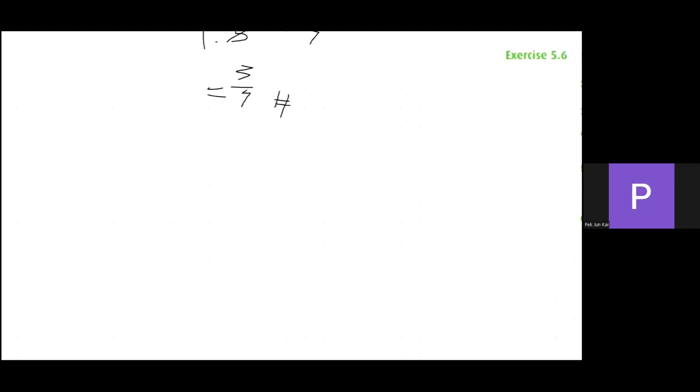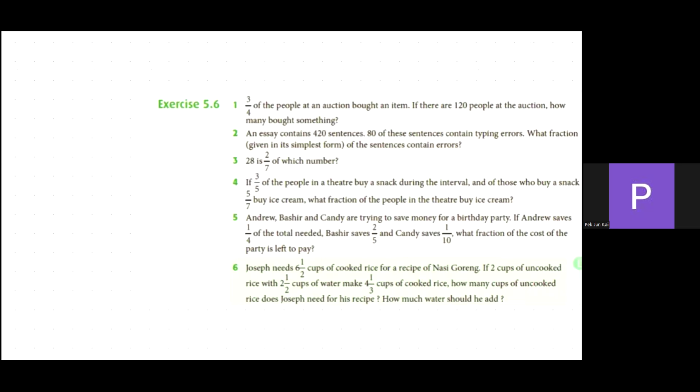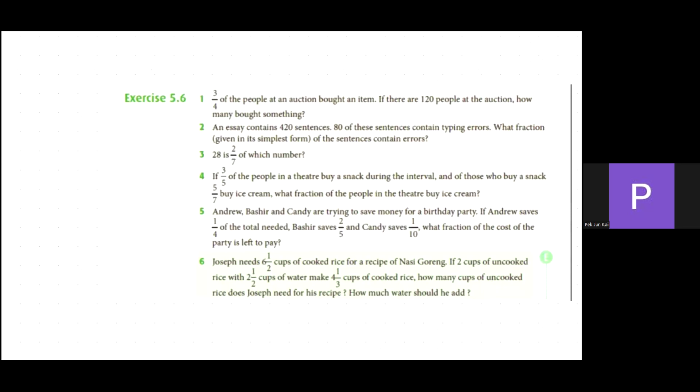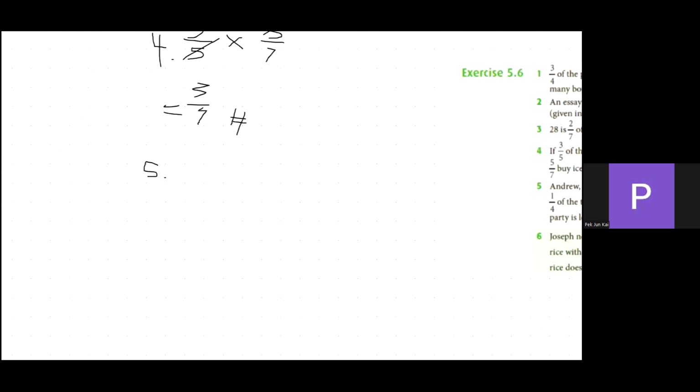Next, question number 5. Andrew, Basir, and Candy are trying to save money for a birthday party. If Andrew saves 1/4 of the total needed, Basir saved 2/5, and Candy saved 1/10. What fraction of the cost of the party is left to pay? So a whole is 1, or 1/1.